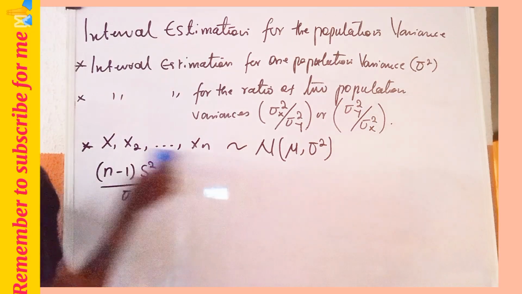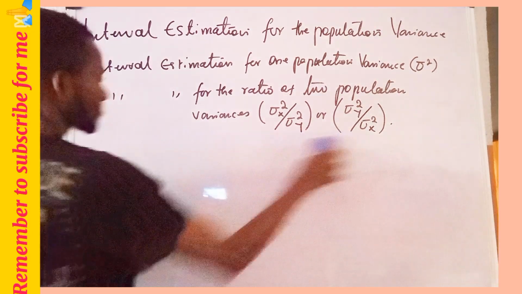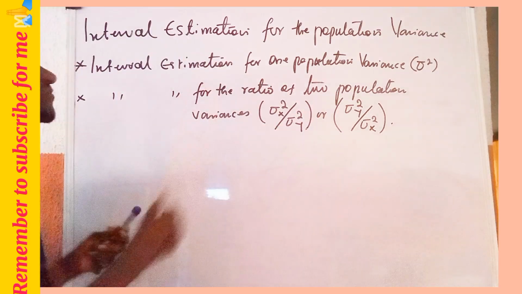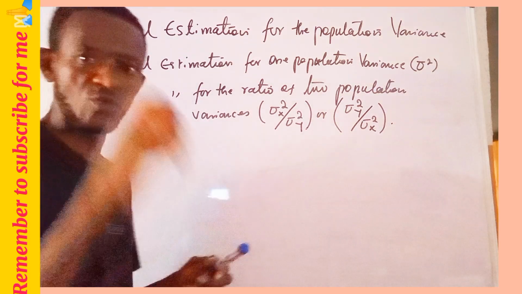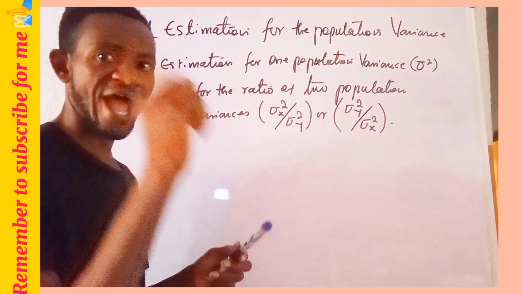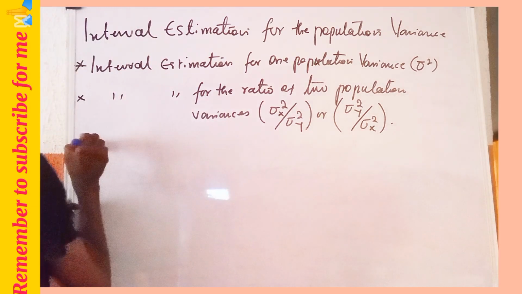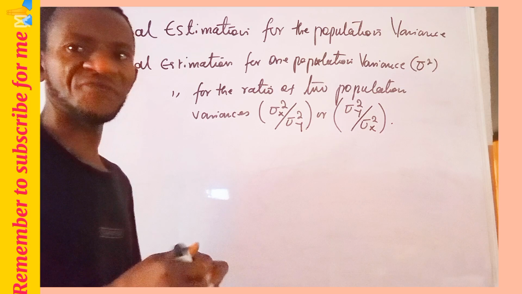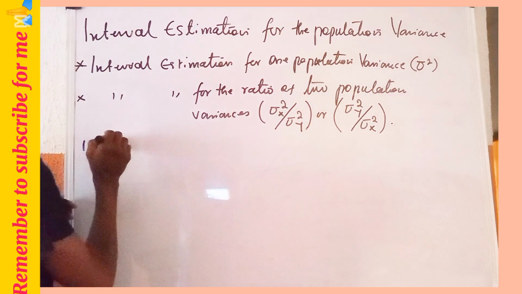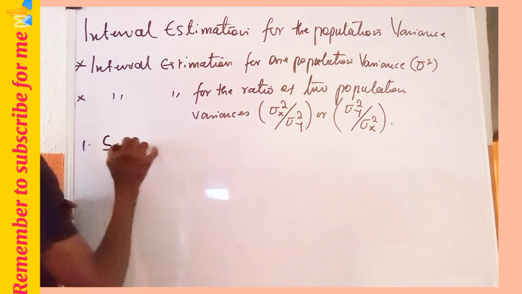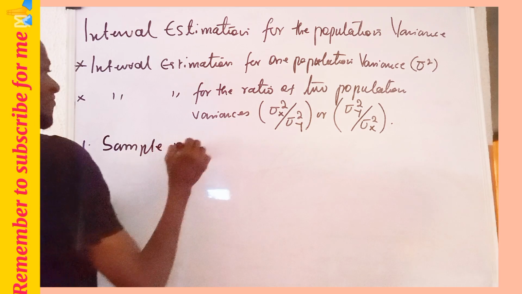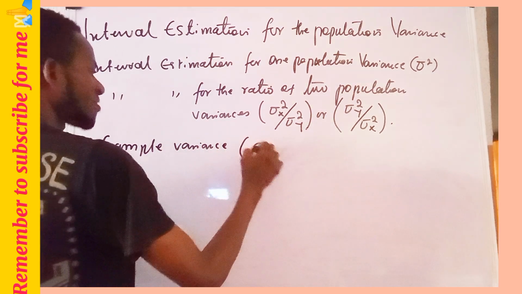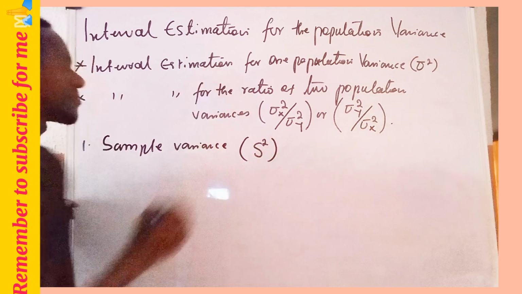When we are talking about interval estimation for the one population variance, the two key things that are needed are, number one, the sample variance, which is known as S squared.